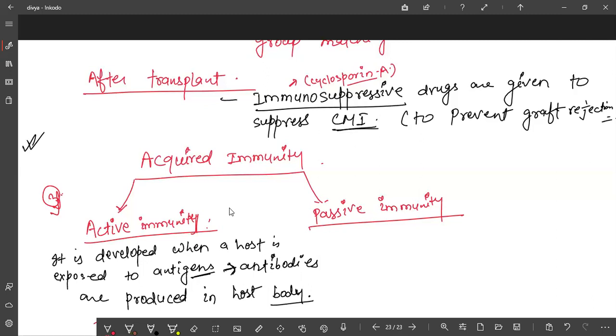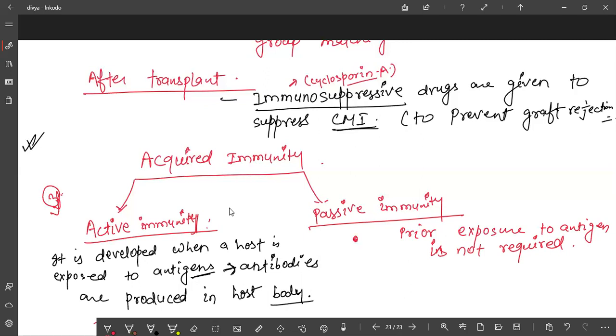Again, in passive immunity, you can write that prior exposure to antigen is not required. It means in this case, exposure to antigen is not required, because antibody is not produced in our body.